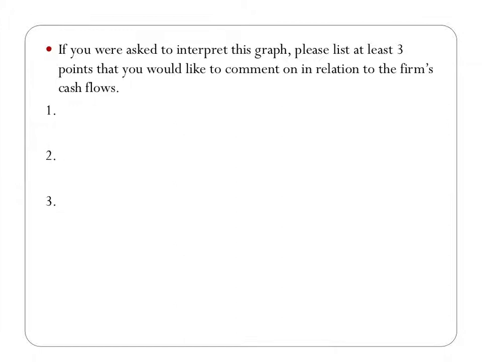Refer back to the graph on the previous page and have a think about what the 3 noticeable points are. Perhaps you want to comment on the negative cash flows from operations and why that might be the case, why there is a negative cash flow from investing activities, why there is a positive cash inflow from financing activities, and what the overall effect is on the cash position.